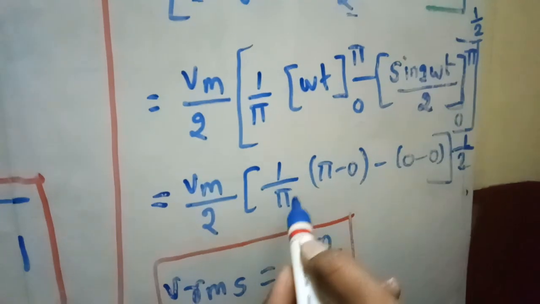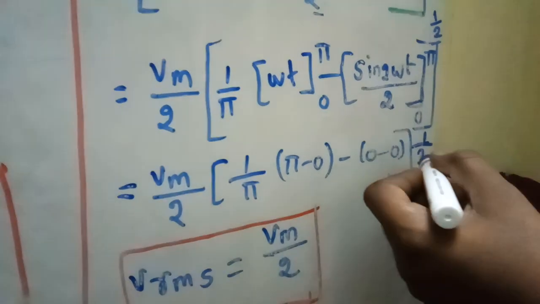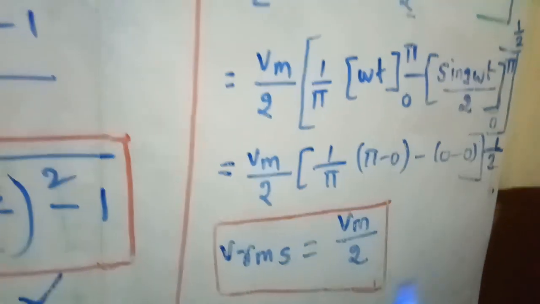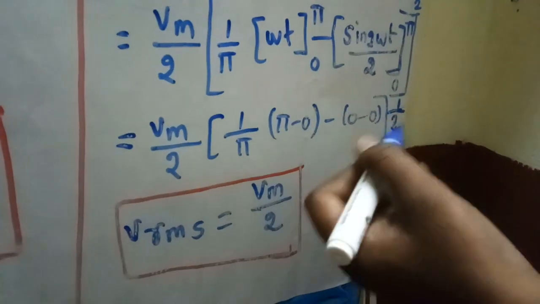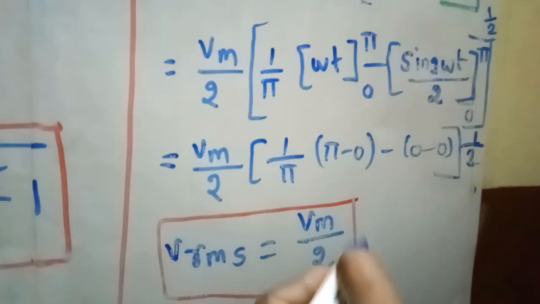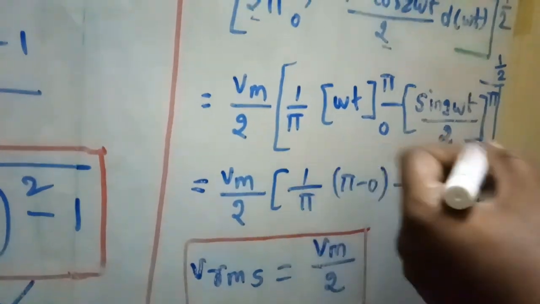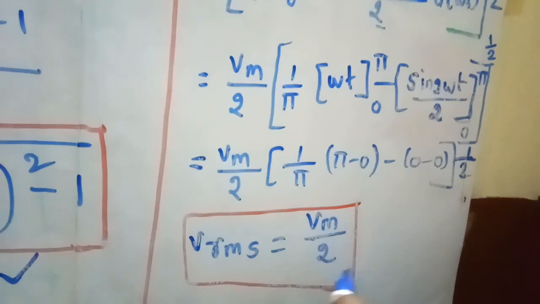So here 1 by pi into pi we have, pi gets cancelled, and 0 minus 0 is 0. Finally pi gets cancelled, square root of 1 is nothing but 1. So VRMS is Vm by 2. Remaining term is Vm by 2, here pi gets cancelled. So here we have only 1 into Vm by 2. VRMS is Vm by 2.